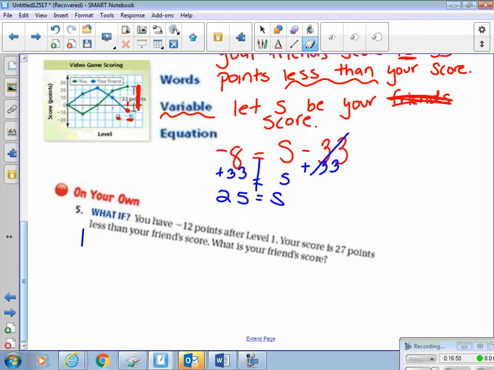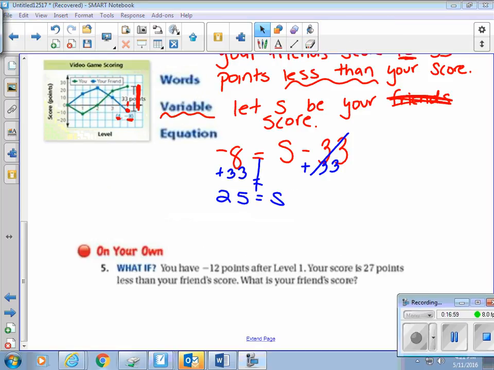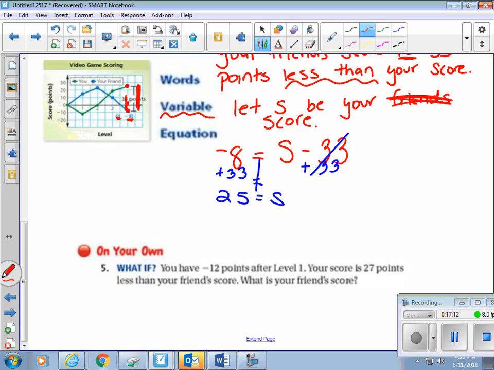So my score would be positive 25 points. Now look at the graph. Does that make sense on your graph? This is where your points were. Level 4, so on the x-axis over 4, and then up, you're right in between 20 and 30, so 25 makes sense according to that graph.